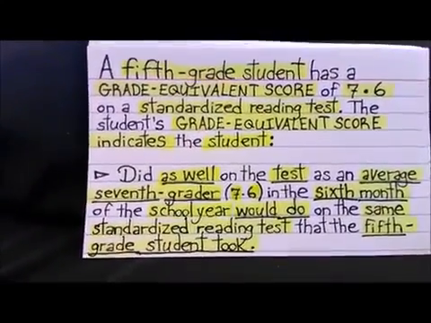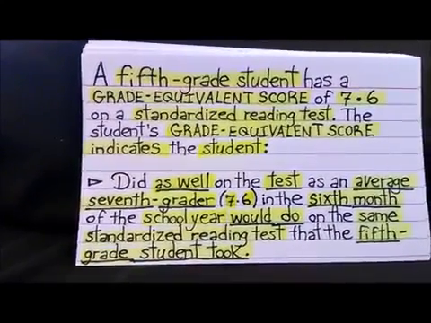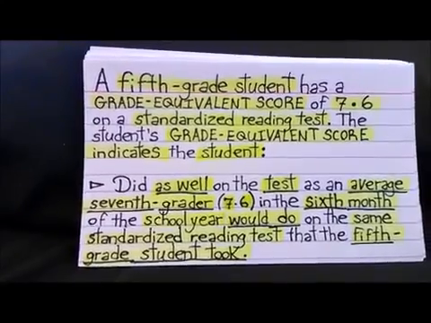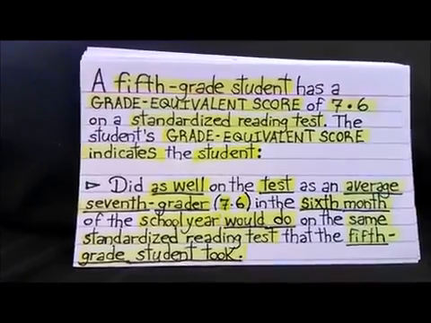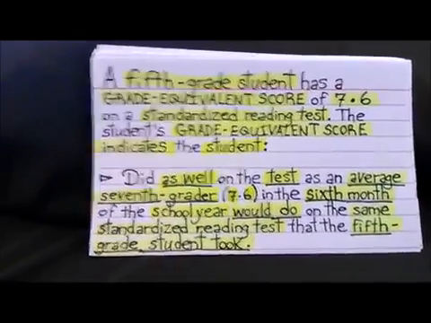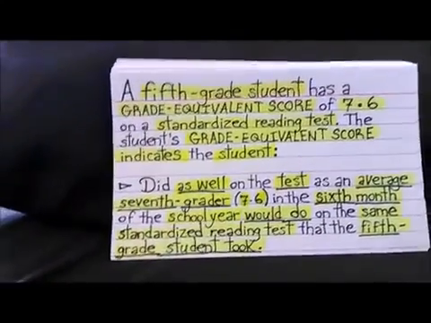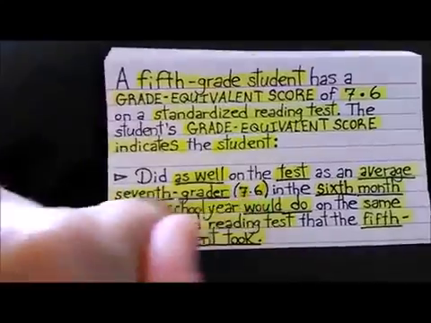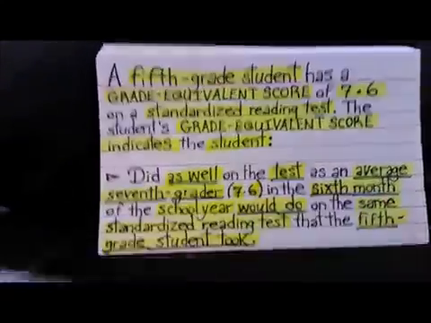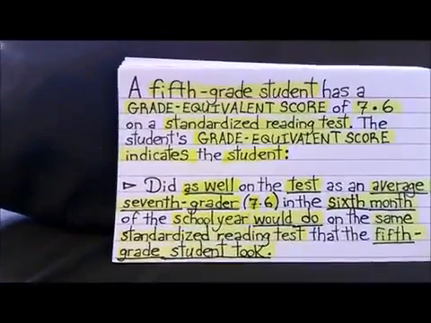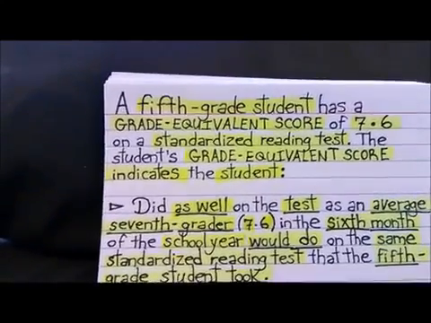A fifth grade student has a grade equivalent score of 7.6 on a standardized reading test. The student's grade equivalent score indicates that the student did as well on the test as an average 7th grader in the 6th month of the school year would do on the same standardized reading test that the 5th grade student took.